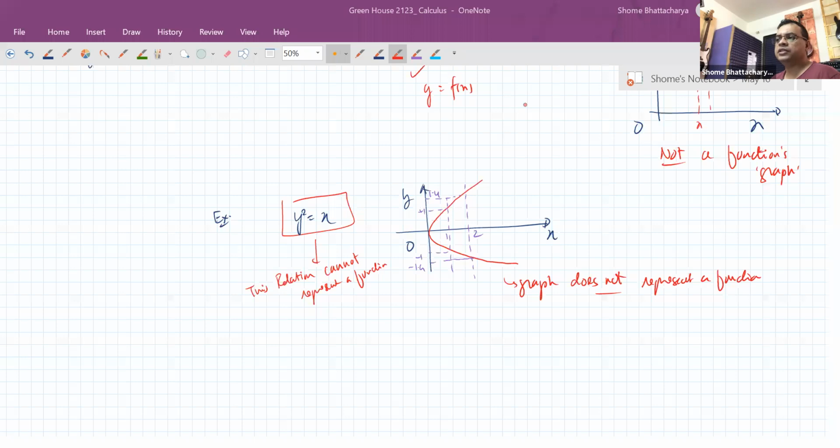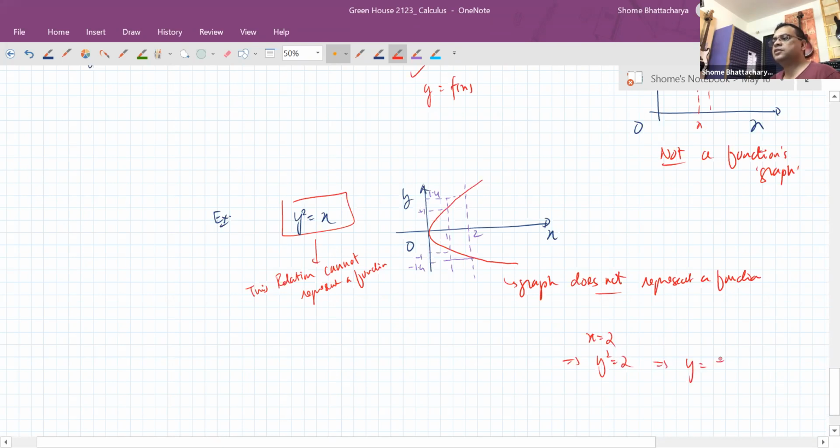So till now, what we've been discussing, for a given value of x, we must get a unique value of y. Substitute the value x equal to 2. What is the equation we are getting? y square is equal to 2. That means y is plus minus root 2. That's what the graph is also showing you. It is plus minus 1.4.